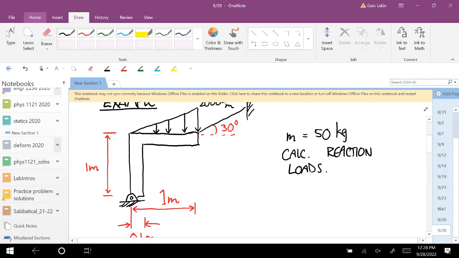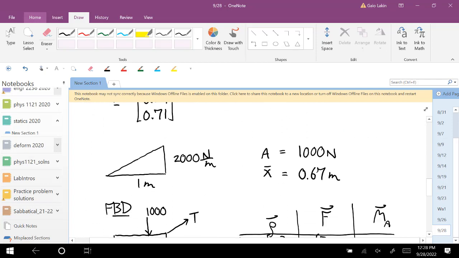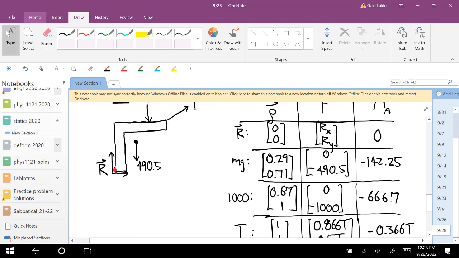A cable there, that would hold it up. Okay, what's going on here?